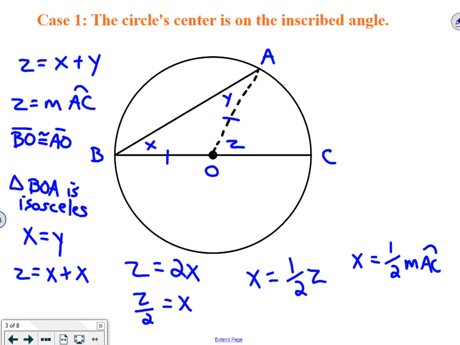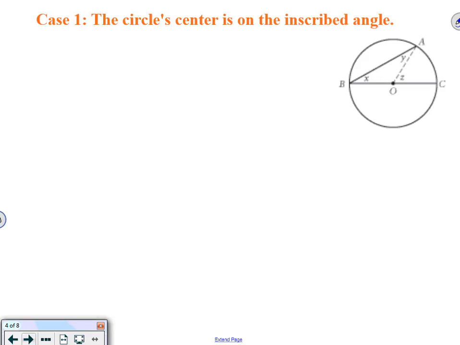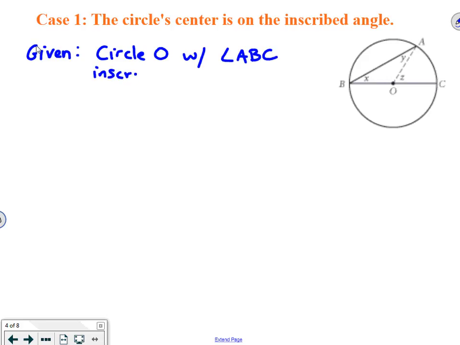But now we have to write it, which, as we've talked, is a whole other skill. Let's start with the given information here. We are being given circle O with angle ABC inscribed.